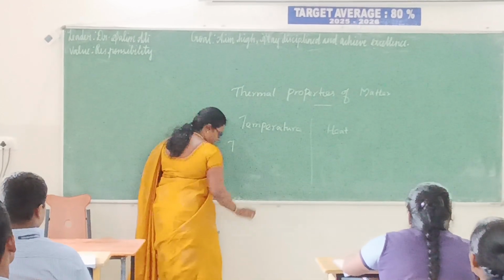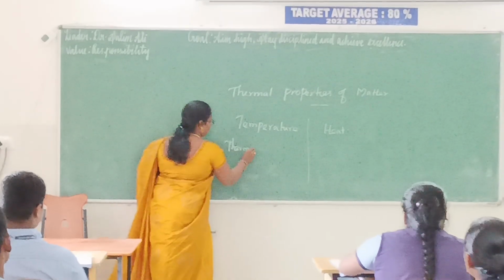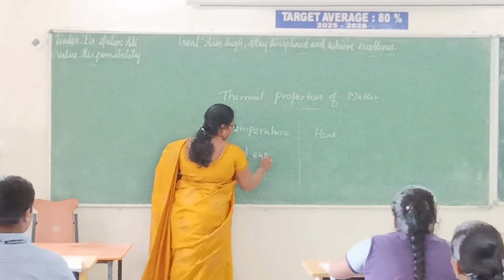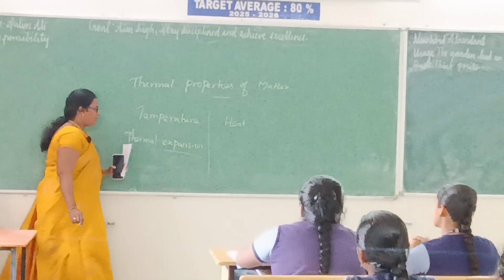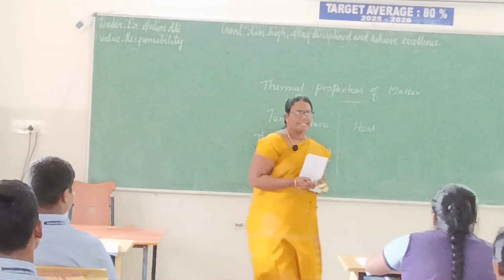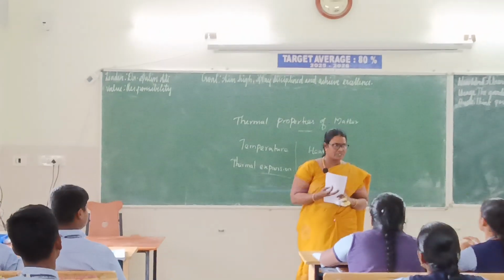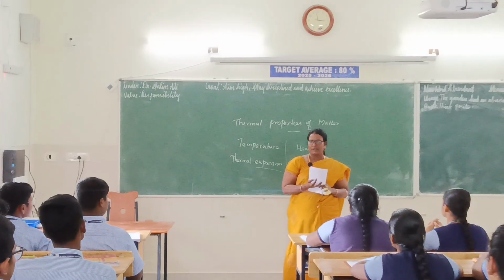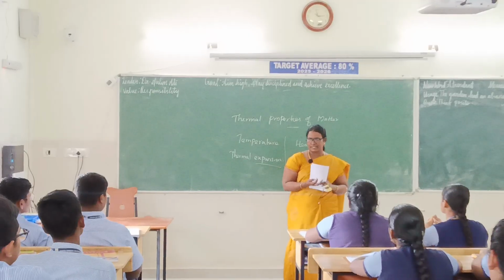Okay, now we are going to pass on to thermal expansion. What do you mean by thermal expansion? When heat is applied to any body or substance, the material expands, isn't it? When the heat is removed, the material contracts, isn't it?